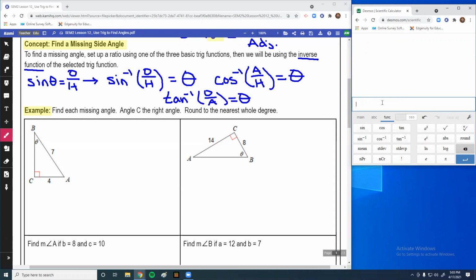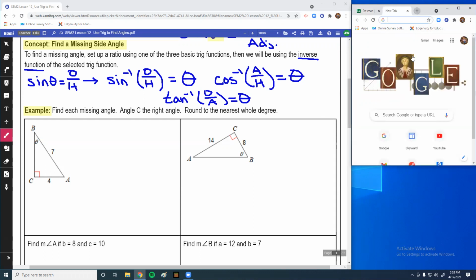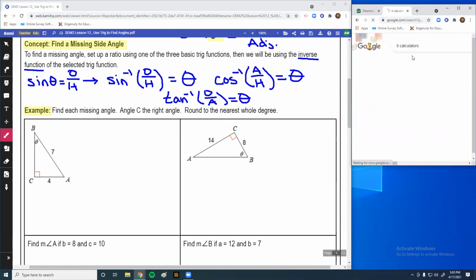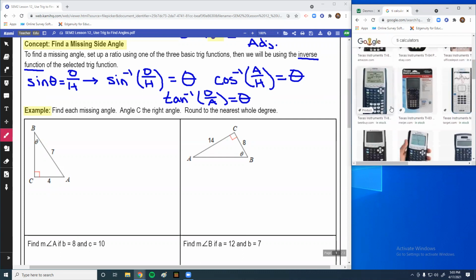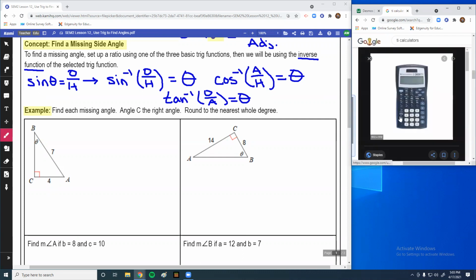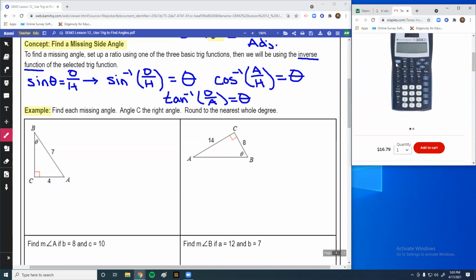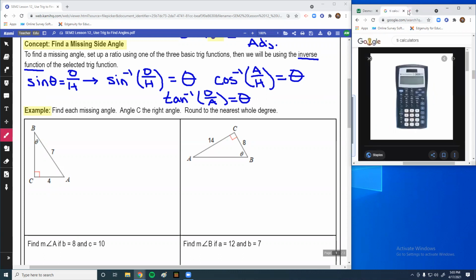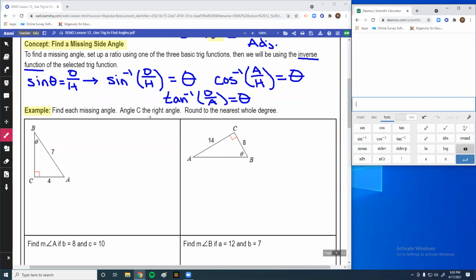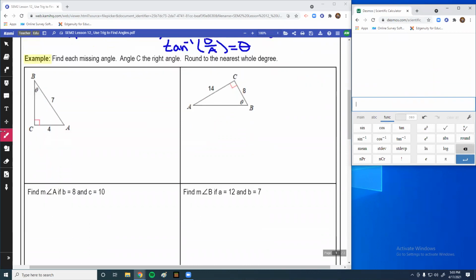On normal TI calculators, let's find an image of that. This guy right here. You're going to have to hit the second button and then one of the three trig functions. You'll see the inverse ones right above the sine, cosine, tangent buttons. You just have to hit the second button. So there's that.